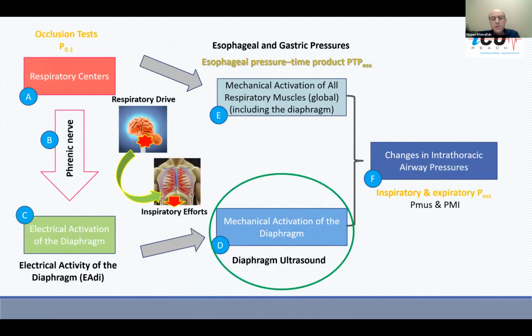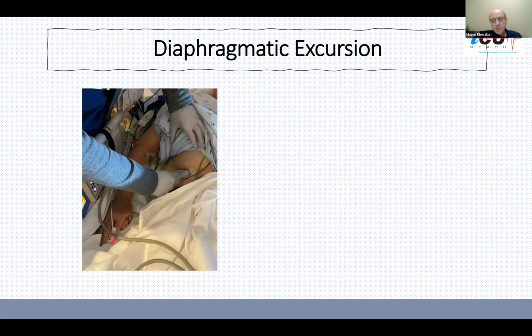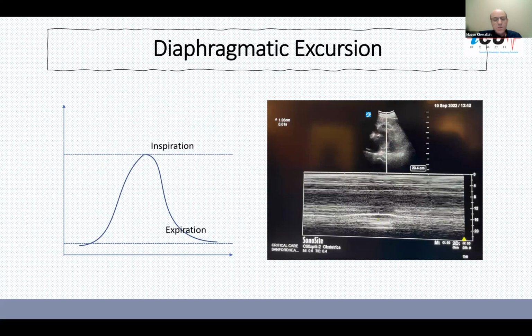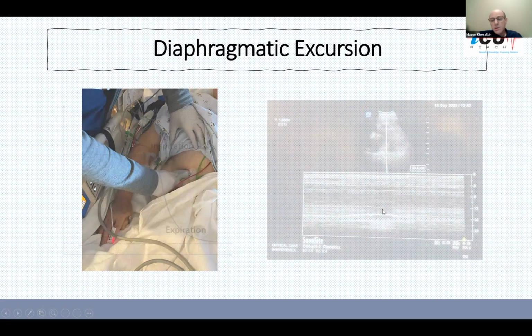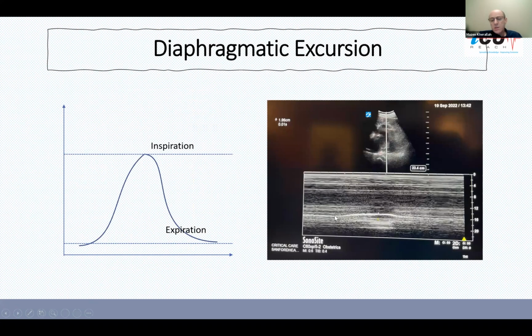The third thing that you can look at, and I hope all of you have ultrasounds in your ICU, is the diaphragmatic excursion. And you need to understand excursion means movement. You can do this with the subcostal approach. Look at the diaphragm, this is the diaphragm here, and you can see the displacement of the diaphragm.